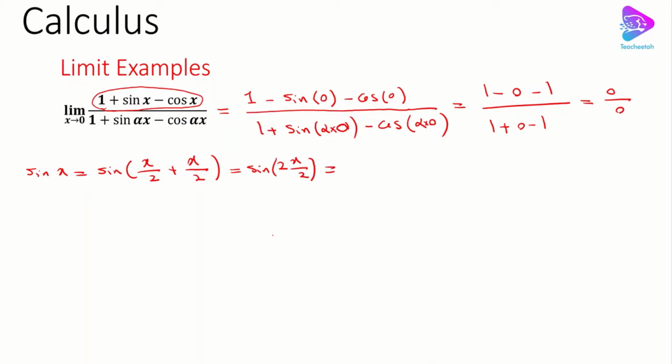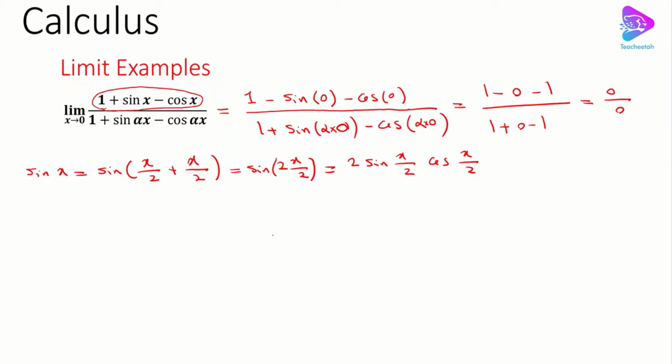Therefore, the other form of this function is 2 sine x over 2 cos x over 2. We can do the same thing for sine alpha x, and that will generate 2 sine alpha x over 2 times cos alpha x over 2.